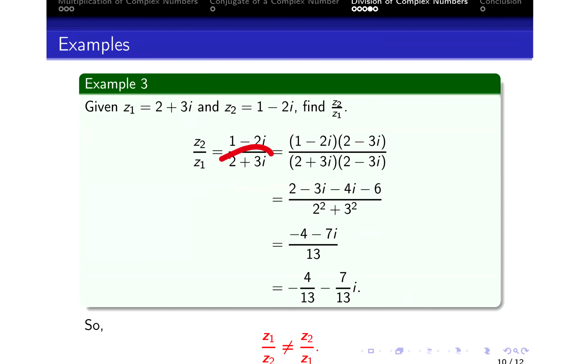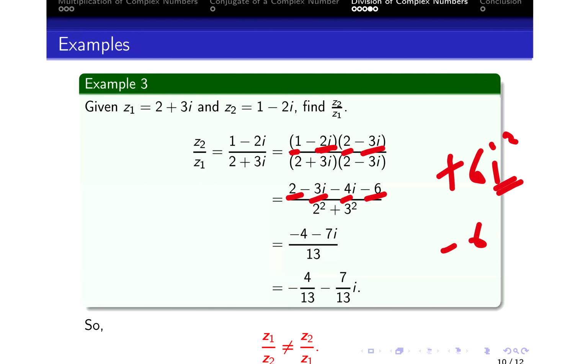So you multiply the top and the bottom by the conjugate, so that it's like you're multiplying by 1. So you have 1 times 2, 2. 1 times minus 3i, minus 3i. Minus 2i times 2, minus 4i. Minus 2i times minus 3i is plus 6i squared. But i squared is minus 1, so that becomes minus 6.